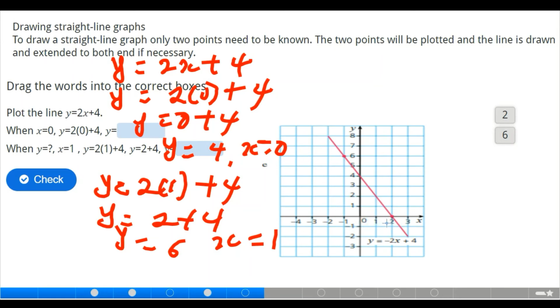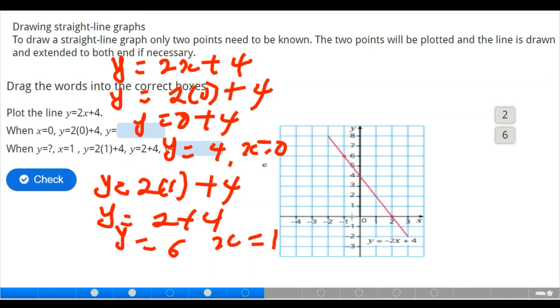So when x is 0, y is 4, right? And when x is 1, y is 6.